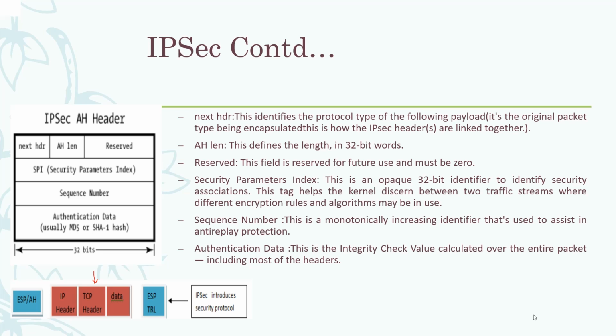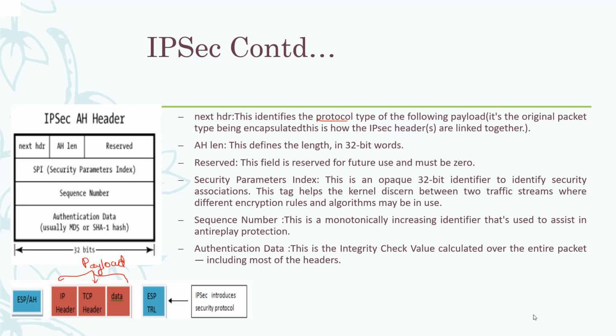So we have the next header field. This identifies the type of the protocol of the payload. So for AH or for IPsec packet, the type of the payload is the IP packet itself.